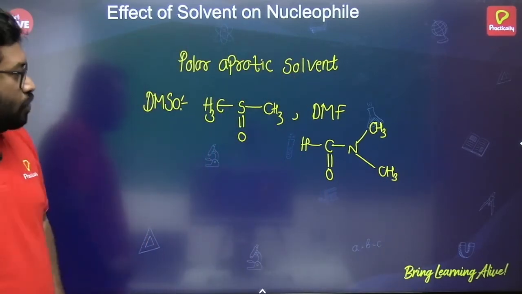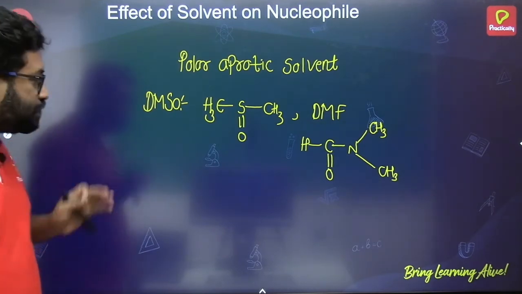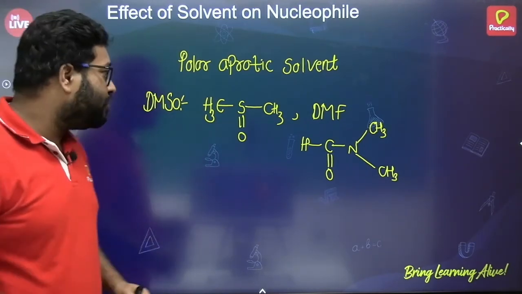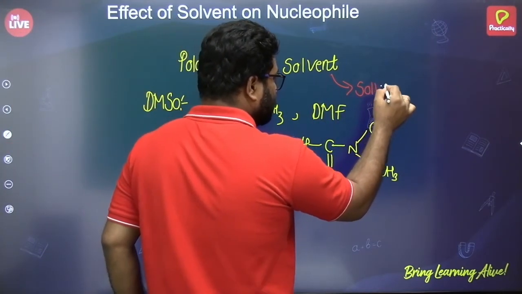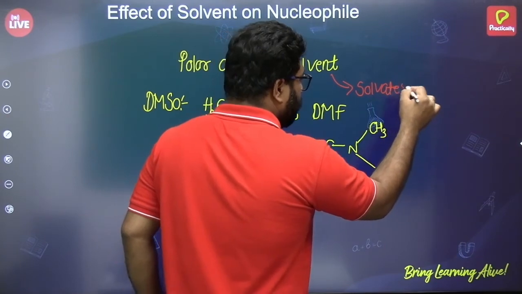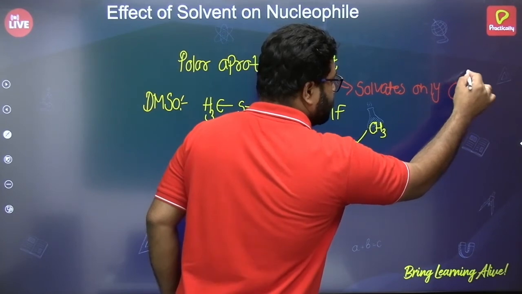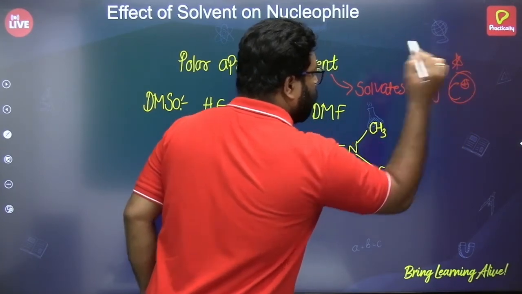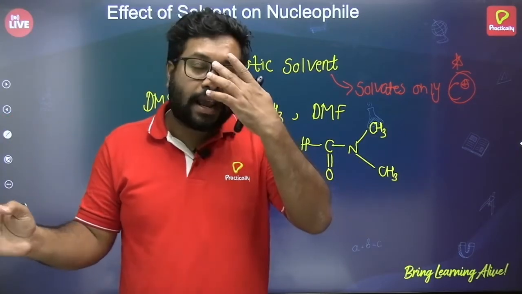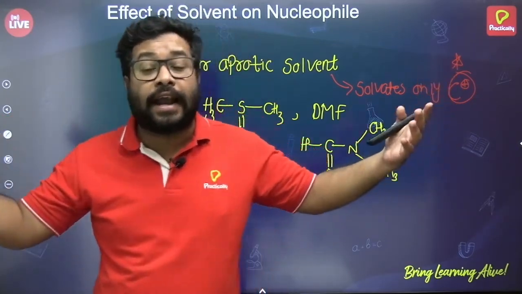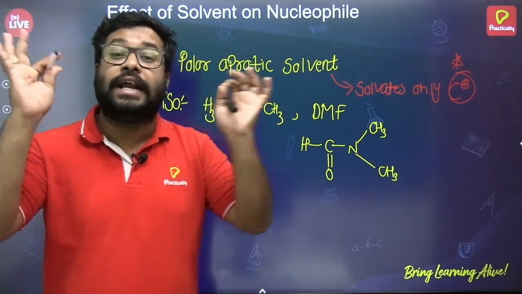Now look at these two solvents. What do you think they would do? These solvents solvate only cations. They solvate only and only cations, leaving the anion completely free and naked, and then your anion would attack as per its intensity.